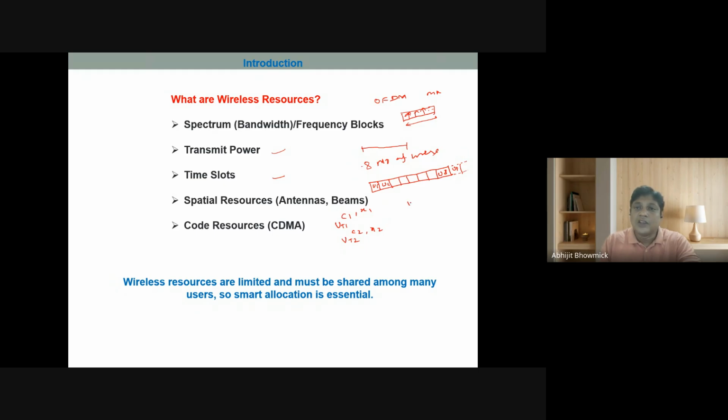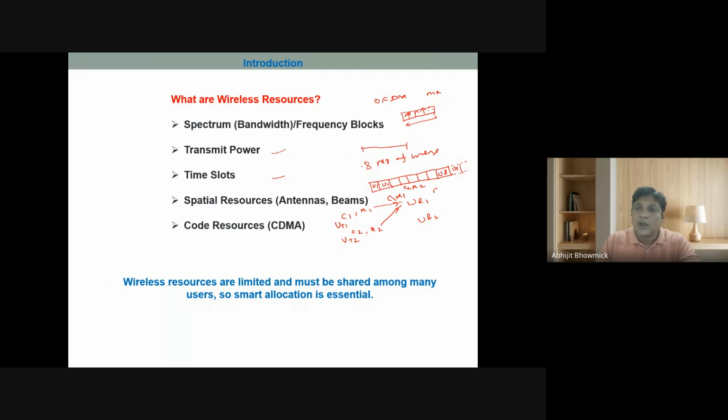The receivers are UR1 and UR2. UR1 is receiving both signals, X1 and X2. But it receives C1 X1 and C2 X2.